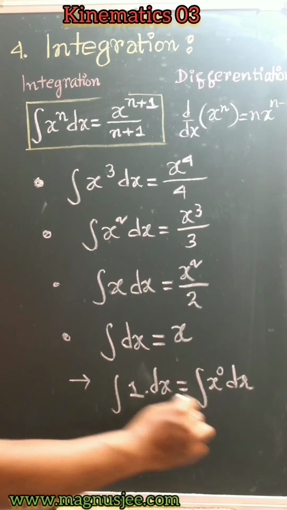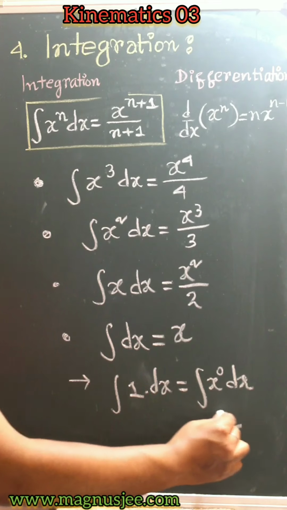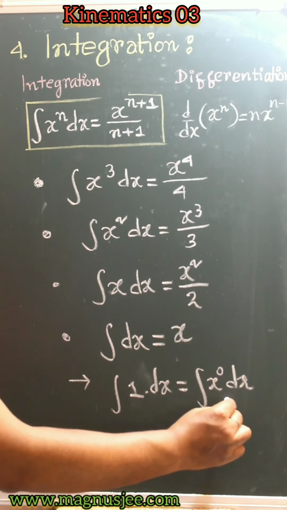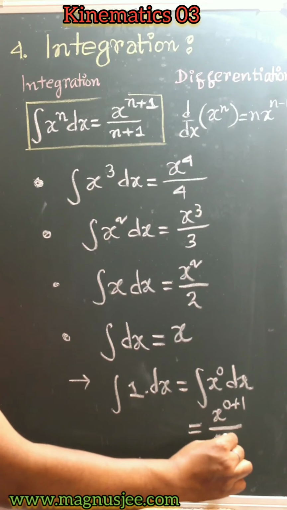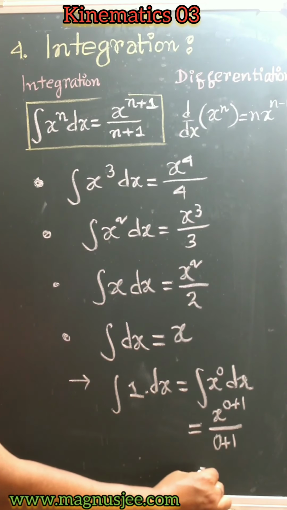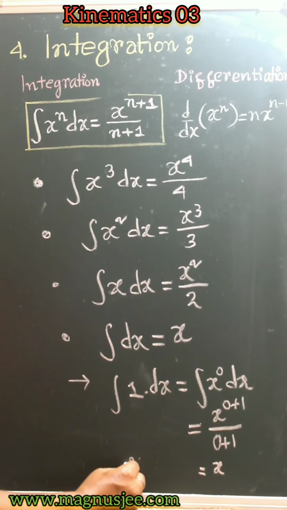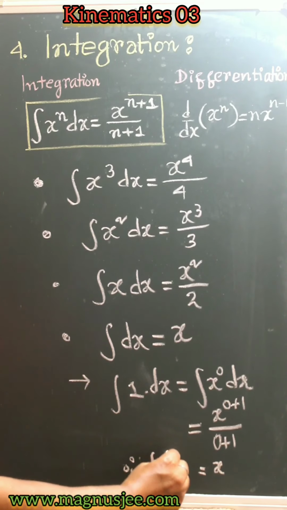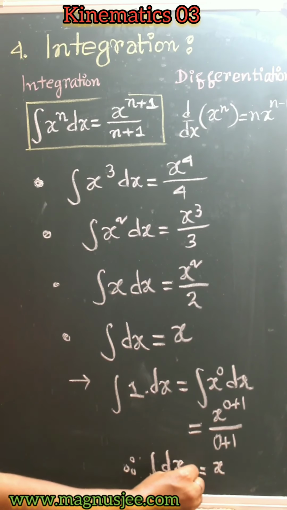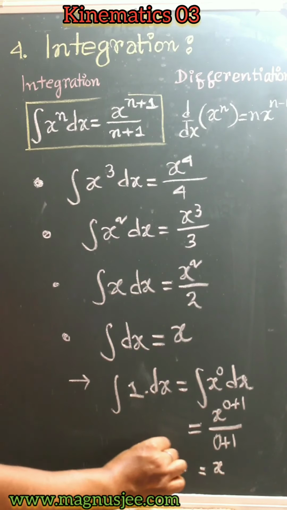This equals x to the power 0 plus 1 divided by 0 plus 1. From that formula, we get x to the power 1 by 1, which means x only. So hence integration dx equals x.